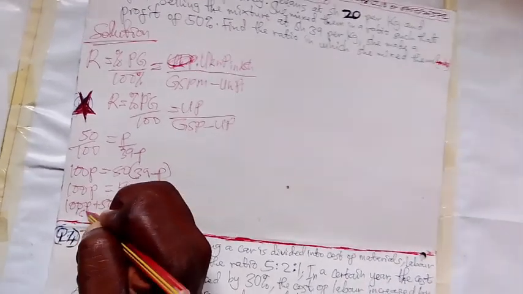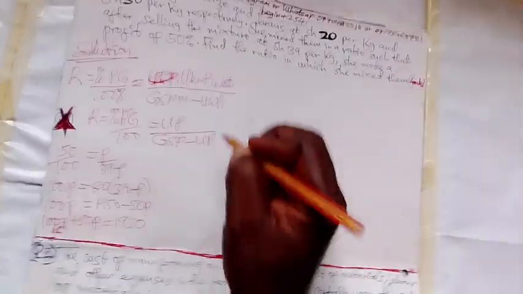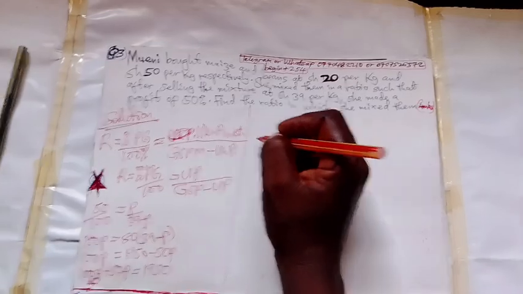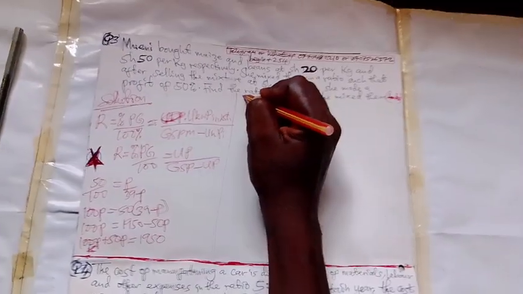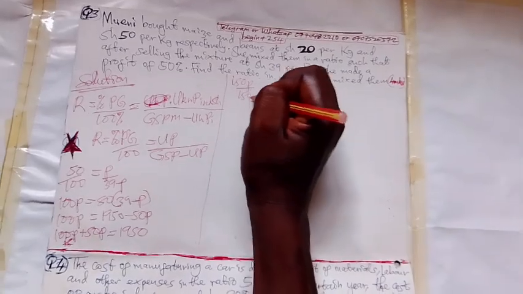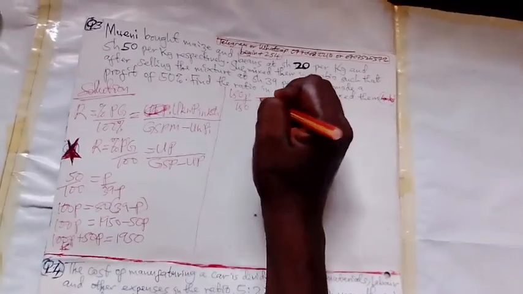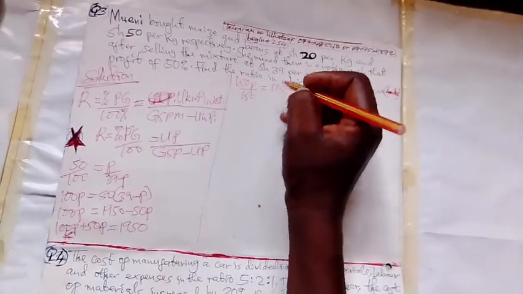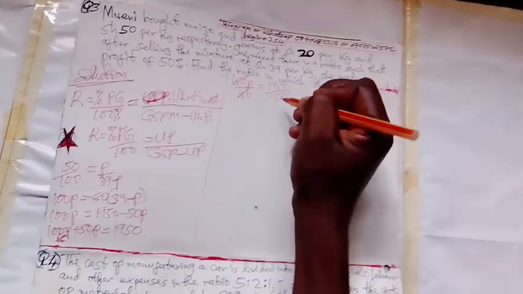Now say 150p over 100 is equal to 1950 over 115, both to get p.